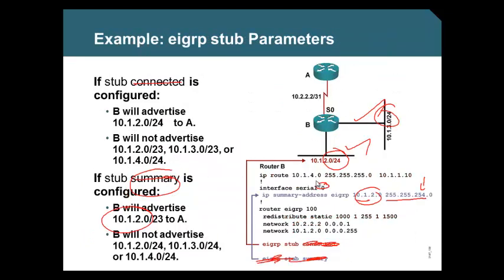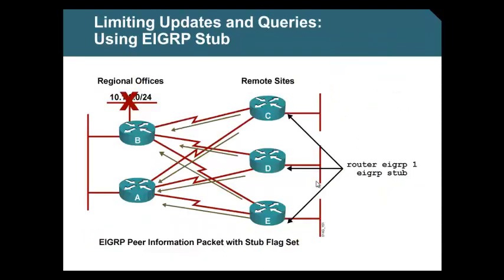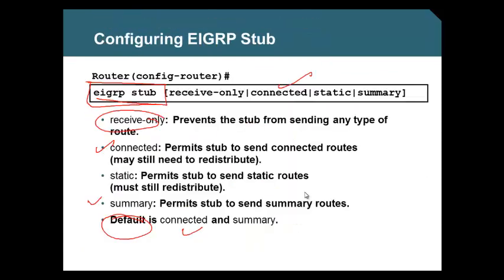So that's about stub EIGRP. See, stub EIGRP and stub OSPF are not the same. So understand this very well and do not correlate this with OSPF stub. There the purpose of OSPF stub is totally different.